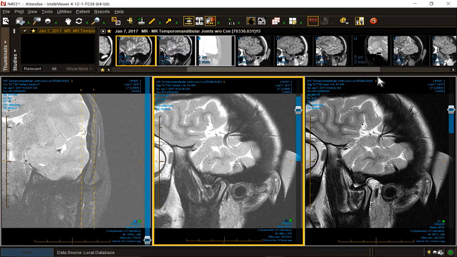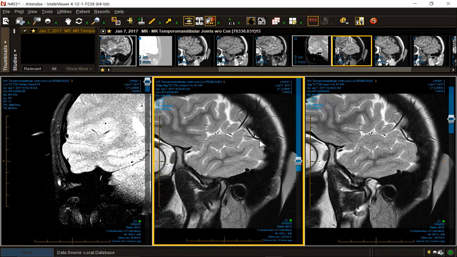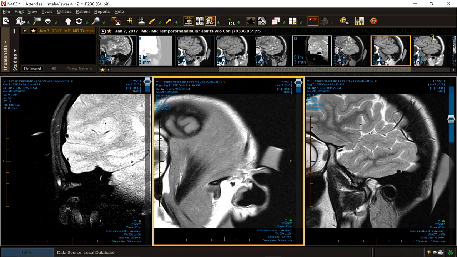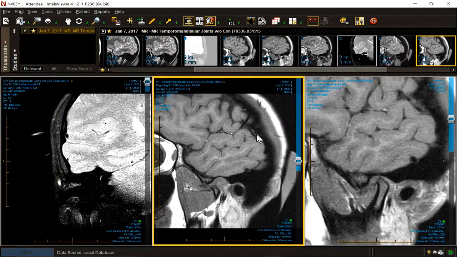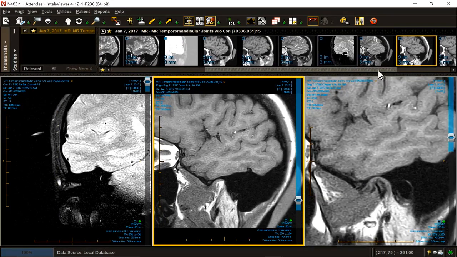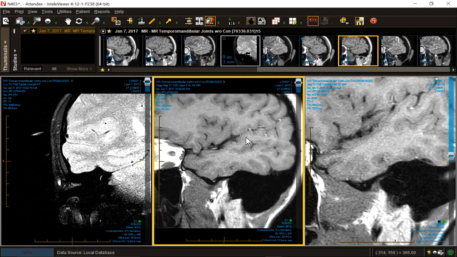Let's go to the right side. Hopefully that'll be a bit better. Let's put up the 2 T1s. That is not the right side. That should be the right side.